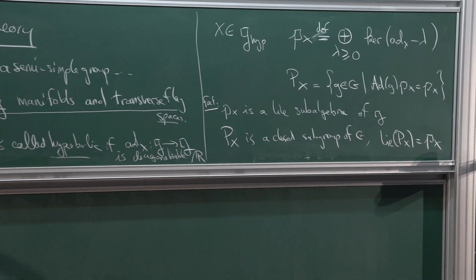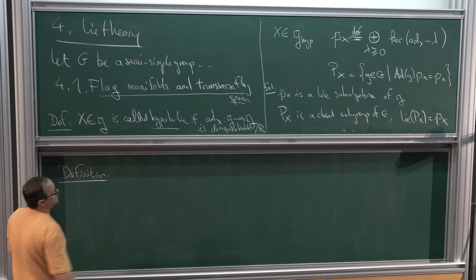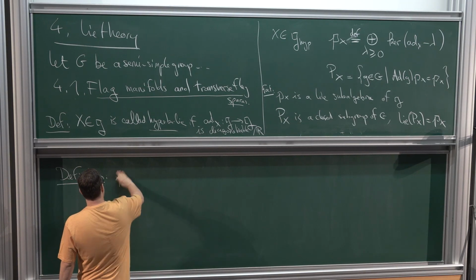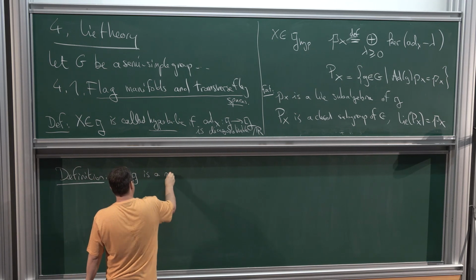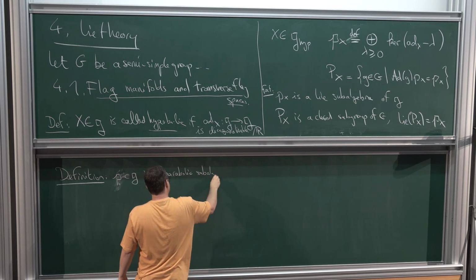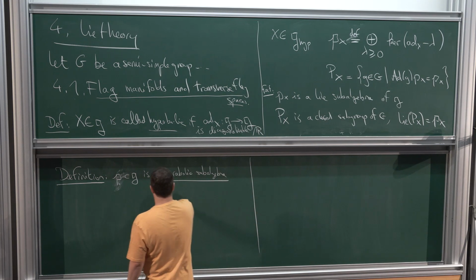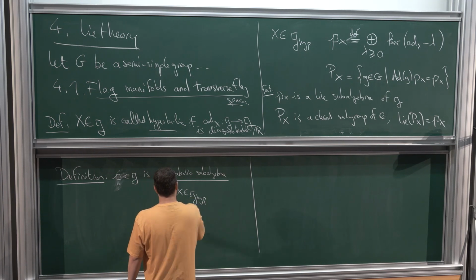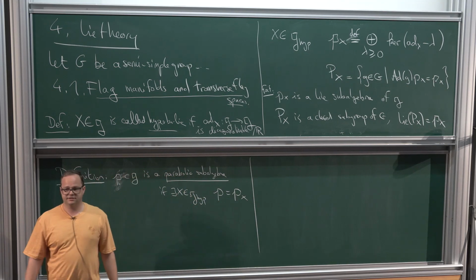All right, so what we will call a parabolic subgroup or subalgebra will be one of these subgroups, one of these subalgebras. So let's say P inside of G is a parabolic subalgebra, and I will insist here it means that there exists some hyperbolic element x with P equal to P_x, but this x is far from being unique.